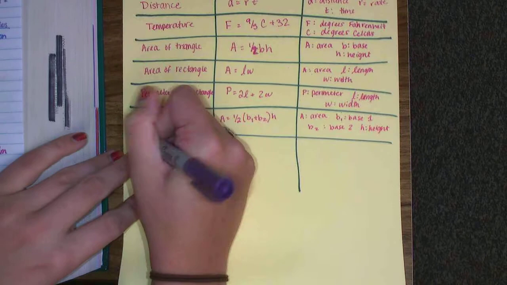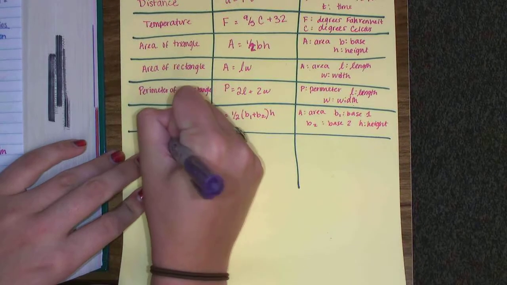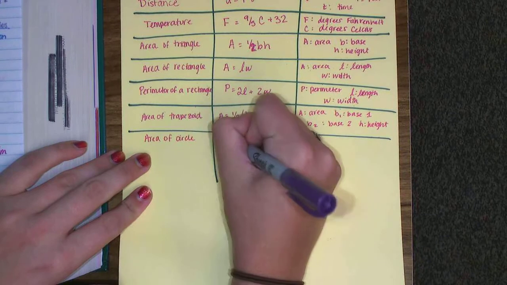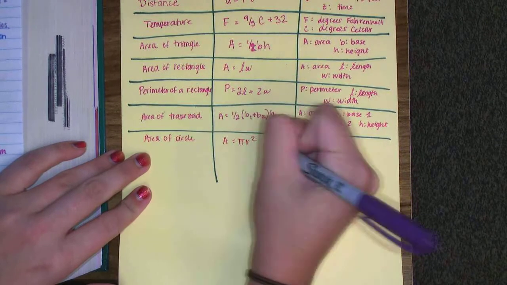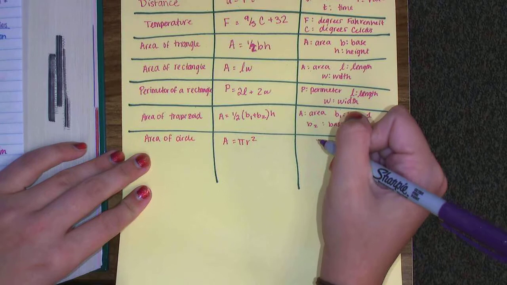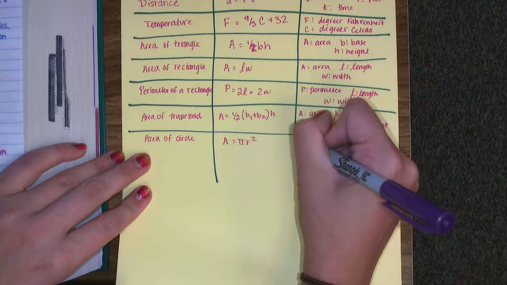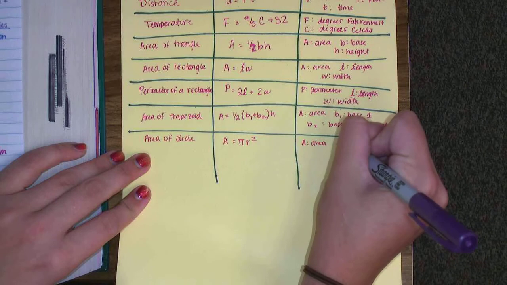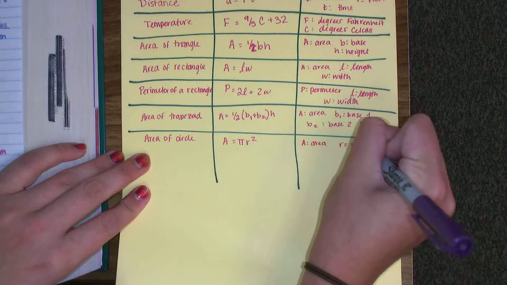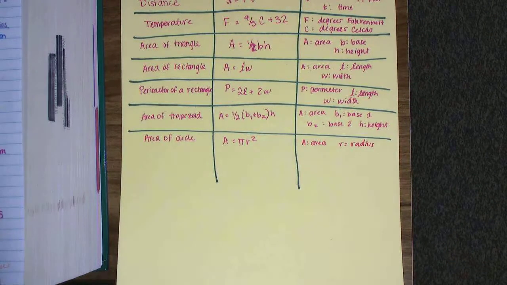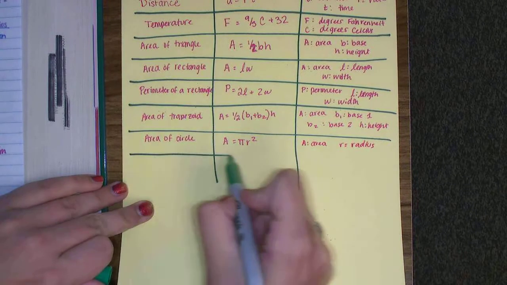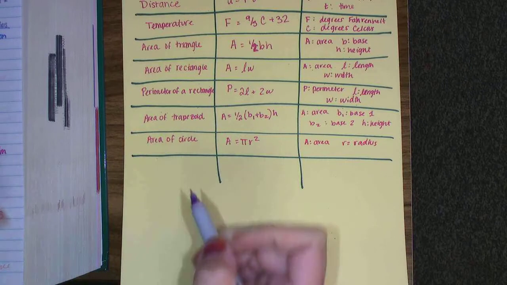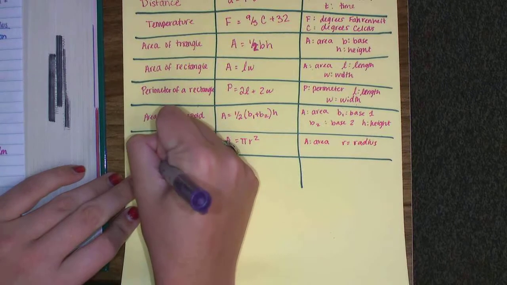Area of a circle, A is equal to pi r squared, where A is area, r is radius, and then the last one is circumference of a circle.